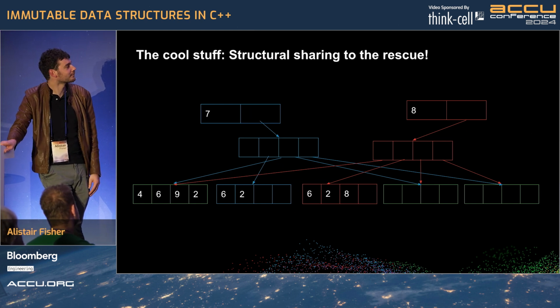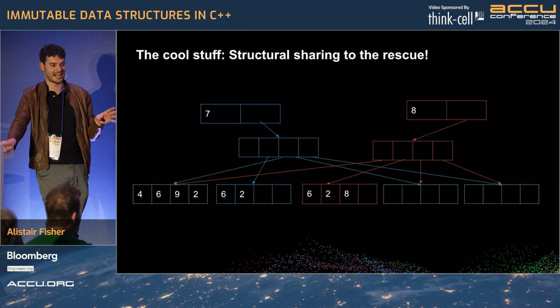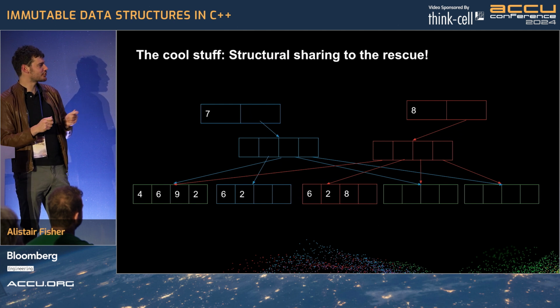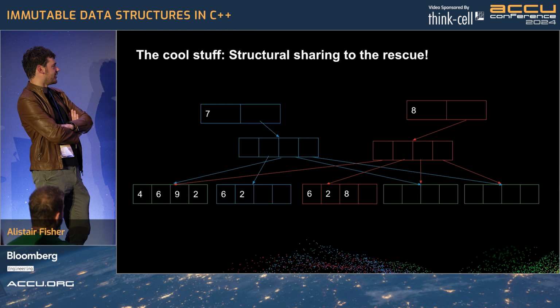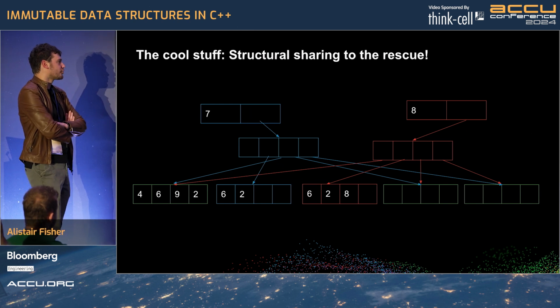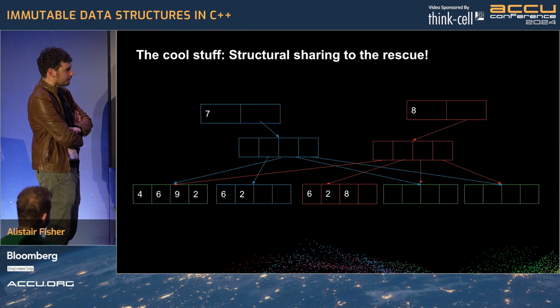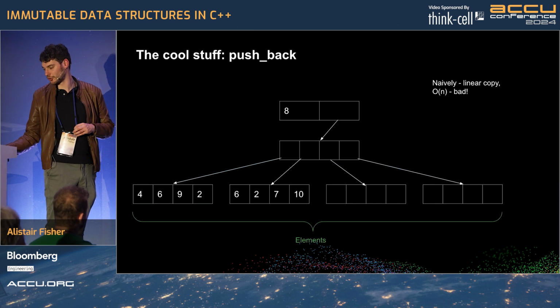Okay. So rather than copying my entire vector, I can say, actually, between my first vector and my second vector, most stuff's actually the same. So on this slide, the blue vector is the original vector, and the red vector is a new vector, and the green vector can be shared. So when I build my new vector, all I've actually got to do is update 3 of the boxes, whereas previously I was copying all 6 of them.